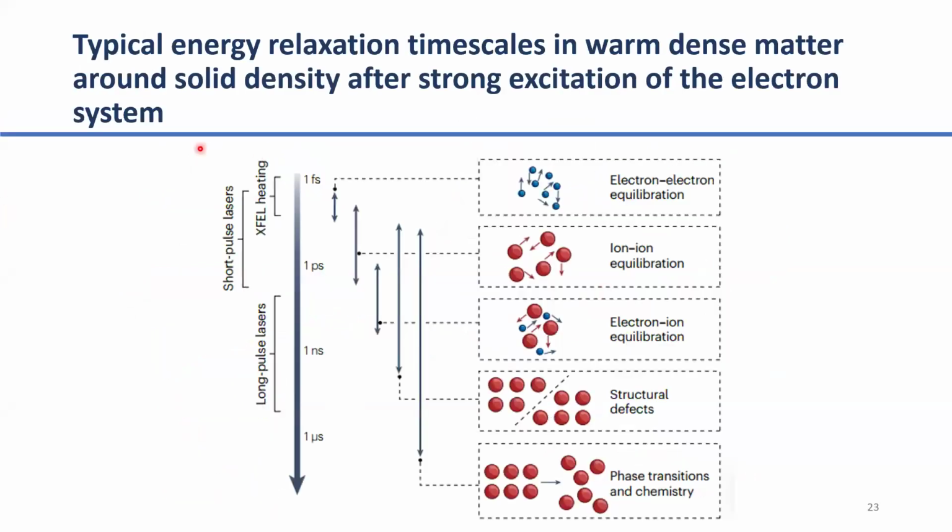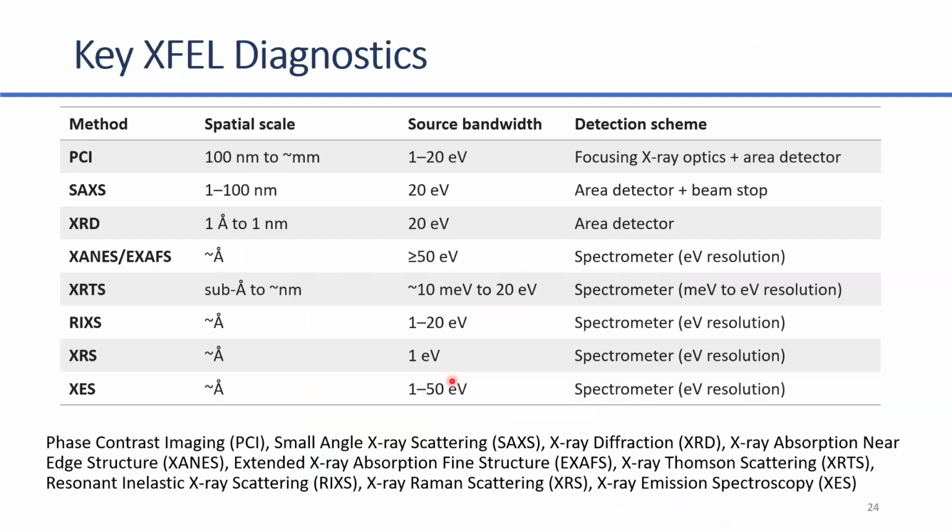If you look at the different capabilities that we have, at different scales we can probe this. For example, with short pulse we can probe effects like electron equilibrium, ion-ion equilibrium. So for different applications we have to go with different kinds of probing methods.